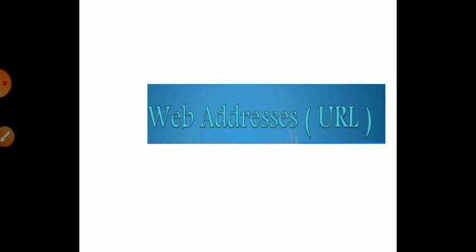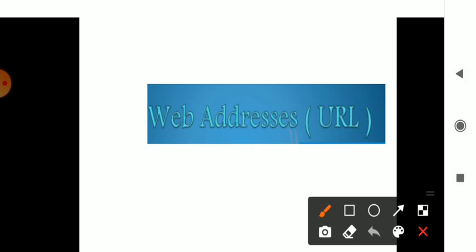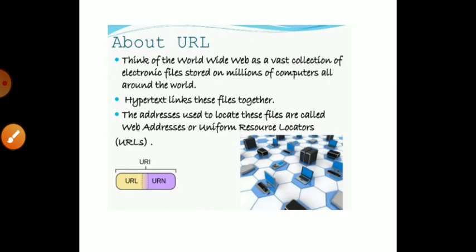So, what is a URL? You all know a system consists of different types of files. It may be in one system or in multiple systems. But all the data that is accessed comes from the servers where the information is stored.